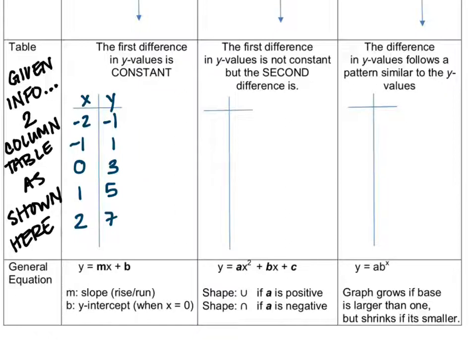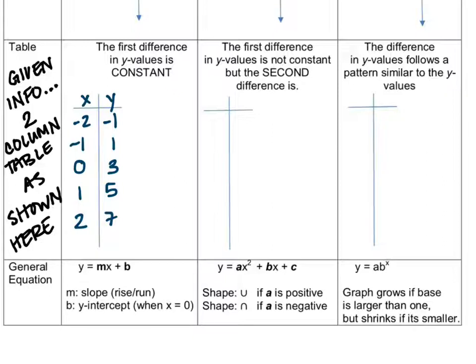So I've got this table. I just want you to add in the values. Once we add in these values, we're going to start to take a look at what the difference is in the y values. Because in a linear equation, we're told that the first difference in the y values is constant.